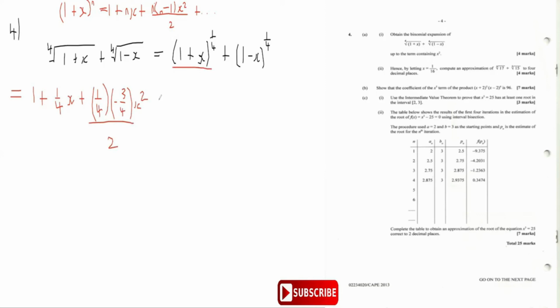Then we're going to need plus 1 plus nx. In this case, n is a quarter and x is minus x. That's going to be plus a quarter of minus x, plus a quarter of n times n minus 1.